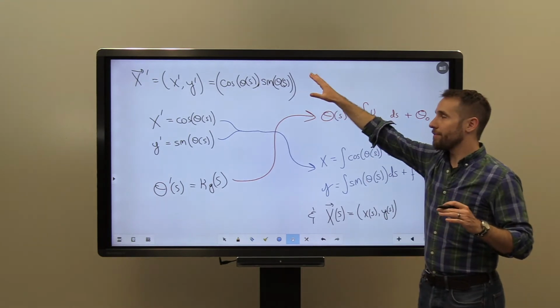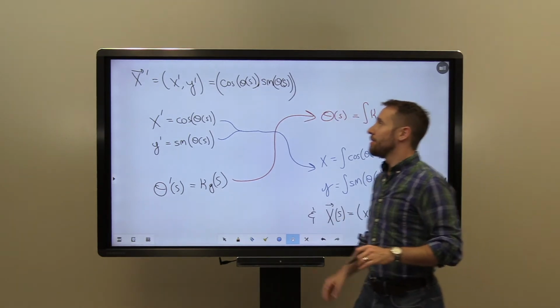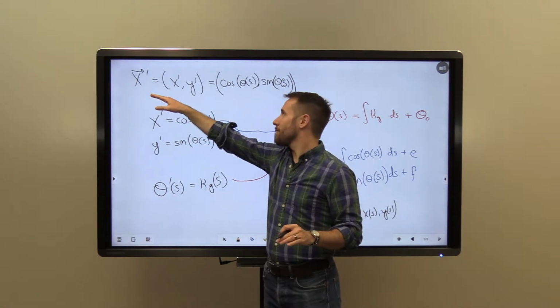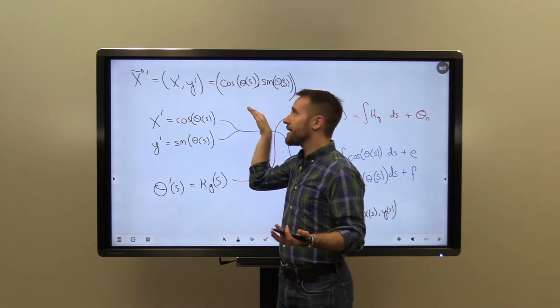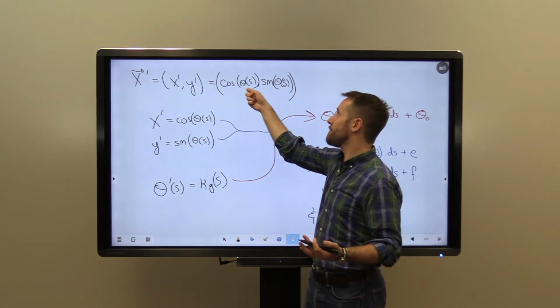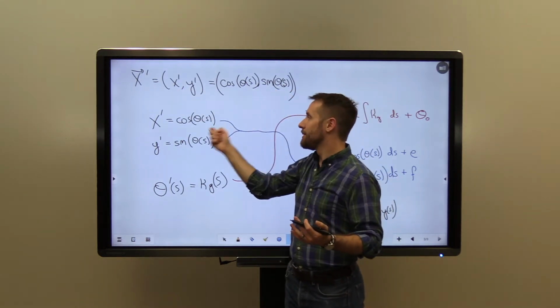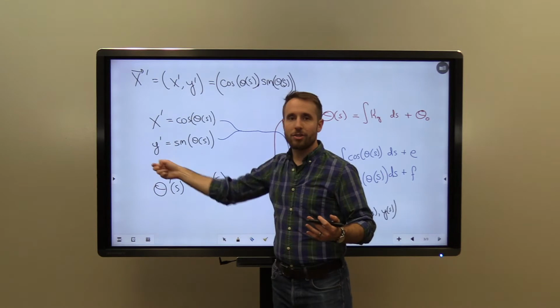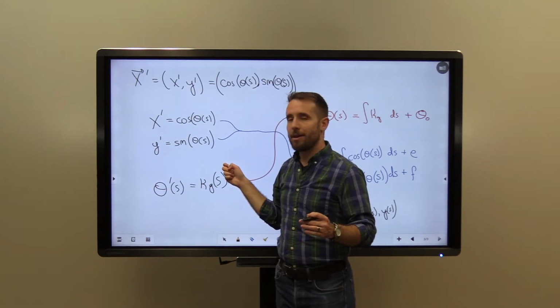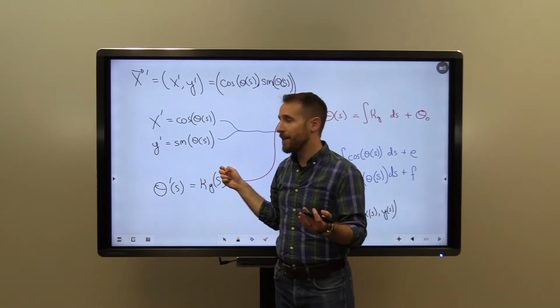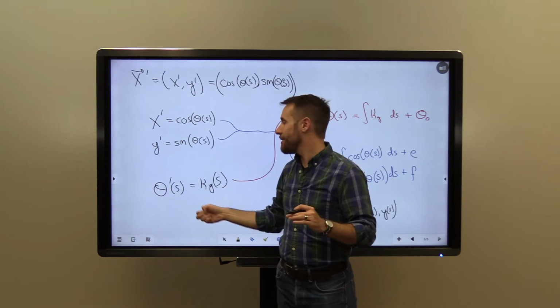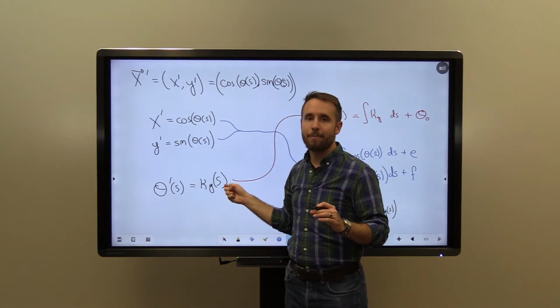So again, thinking forwards, if we started with an x, we would take the derivative x prime, which would be cosine of theta comma sine of theta, also x prime comma y prime. We have this relationship between x prime and y prime and our angle theta. And we've just seen that theta prime is equal to kappa.